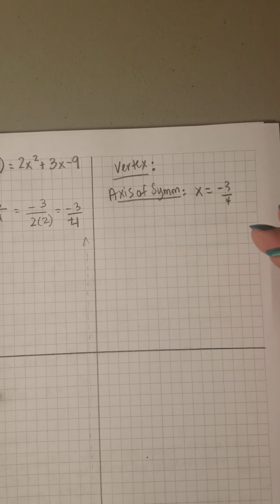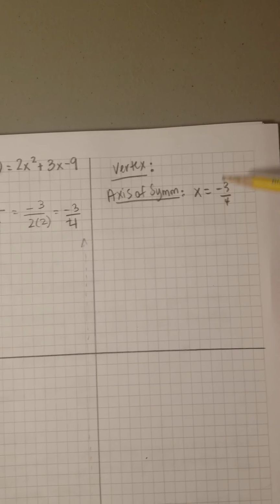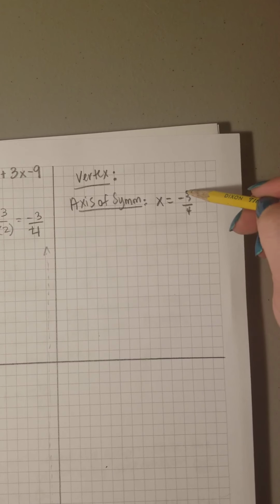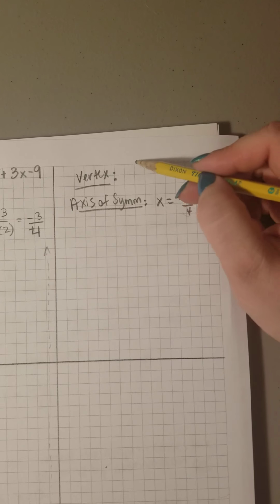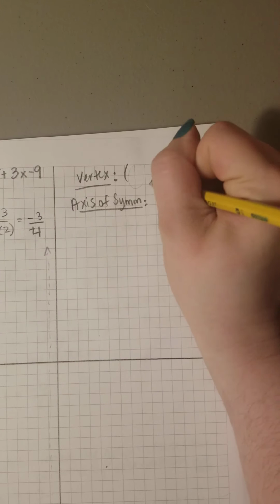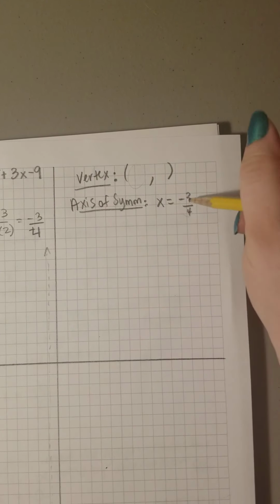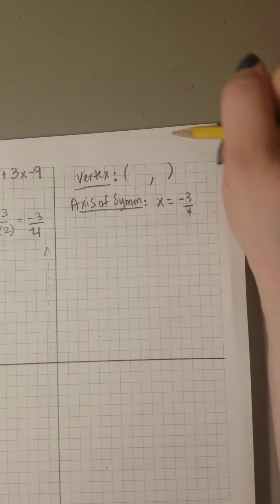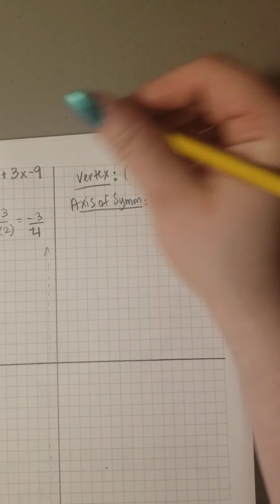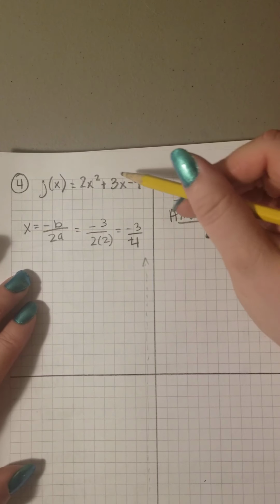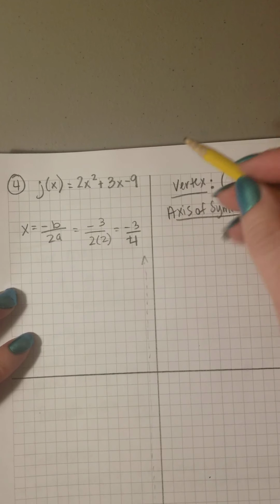Now, the other thing that we can do with that is, we said that this axis of symmetry, this x, is always the x value in my vertex. So I could take this x value and put it into my equation and figure out what y is supposed to be.